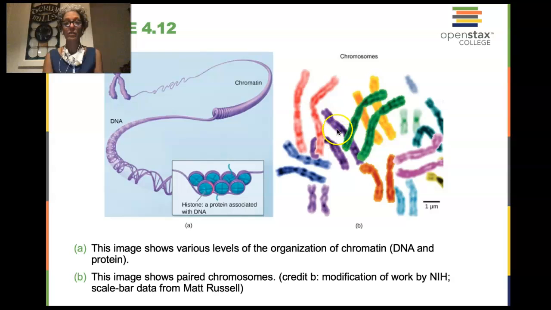On the right side, we see actual chromosomes that have been stained so that we can see the pairs of chromosomes. Eukaryotic cells are almost all diploid, D-I-P-L-O-I-D, diploid. Di means two, and ploid refers to the number of sets of chromosomes.